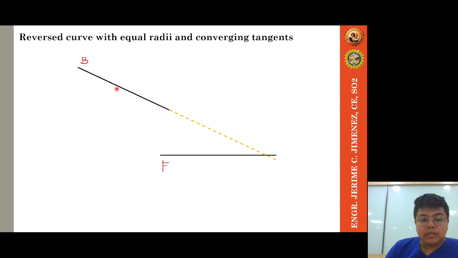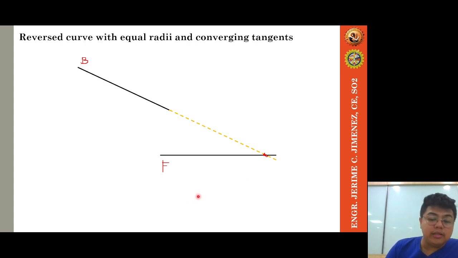Okay? As you can see, if we extend the back tangent until it coincides with the forward tangent, we will have a point of intersection, or the converging point of the tangents. Okay?